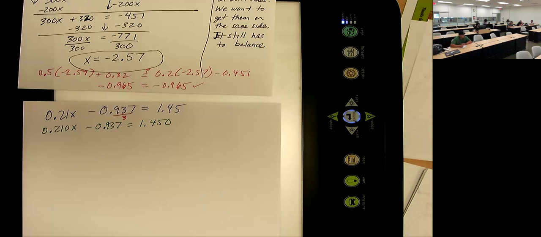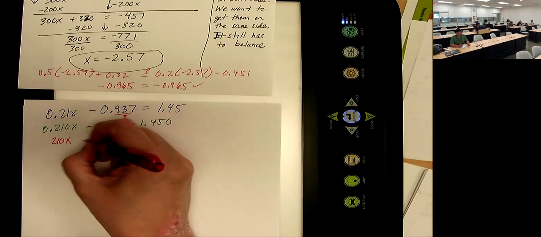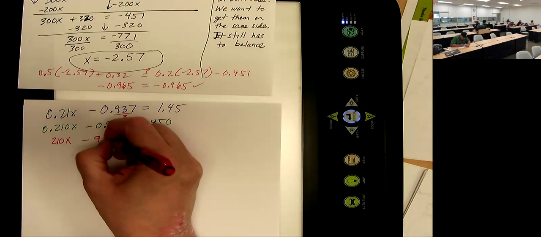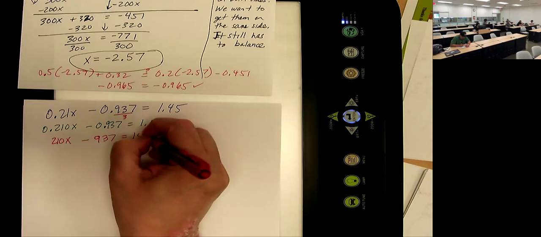That's why we're doing it here, why we're giving you practice in class. If I move the decimal 3 times, I got 210x minus 937 equals 1450.